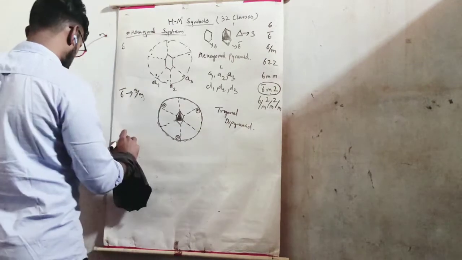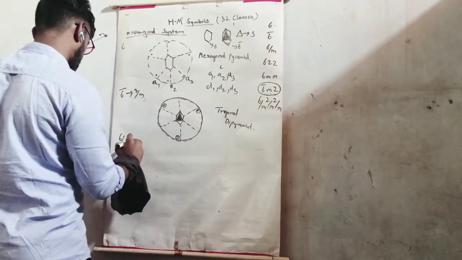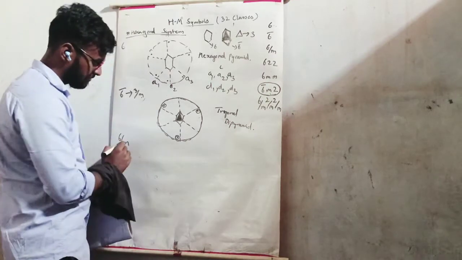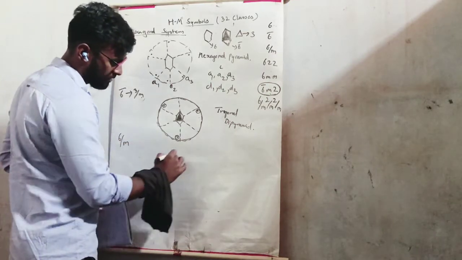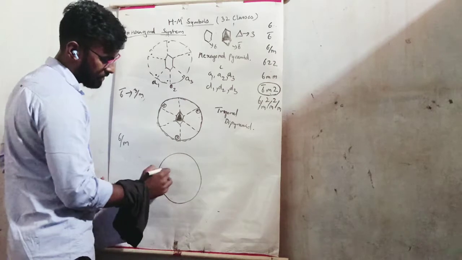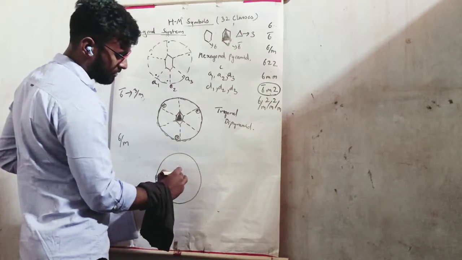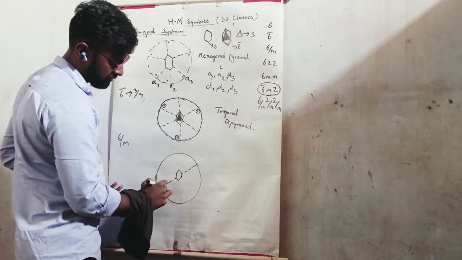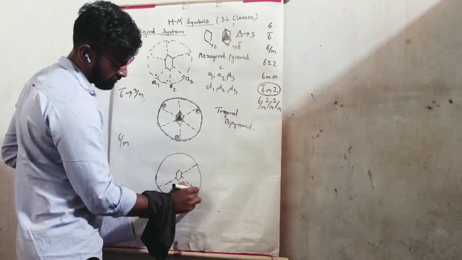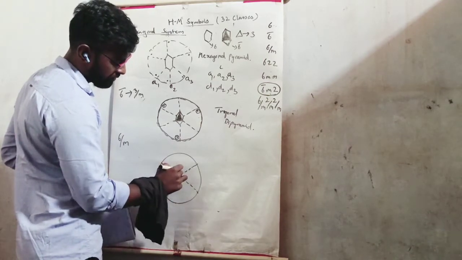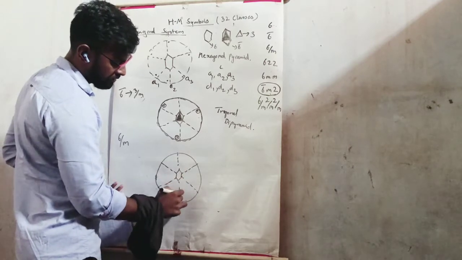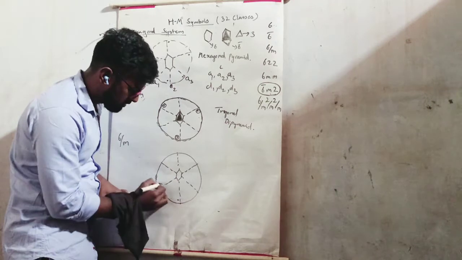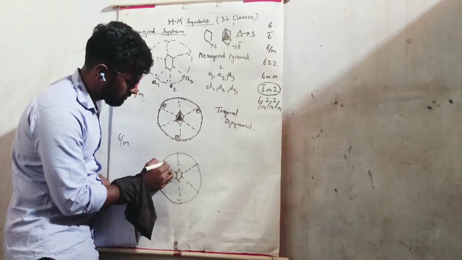Now 6 by m. 6 by m will have the 6-fold axis, and the plane perpendicular to it is a mirror plane. So it is a solid circle, 6-fold. And the 6-fold operation we will do first. Say 1, 2, 3, 4, 5, 6.